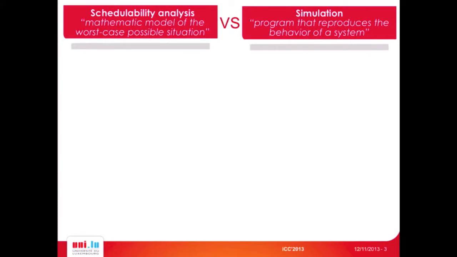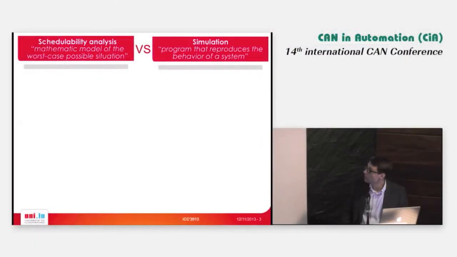So first of all, let's define what we are talking about. What is schedulability analysis? Well, schedulability analysis is a mathematical model of the system, and basically it comes to identifying the worst case possible situations that can occur.